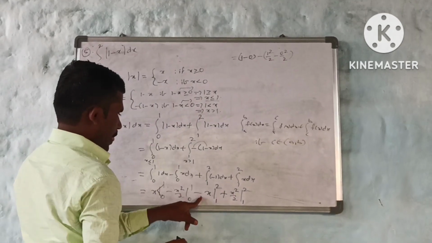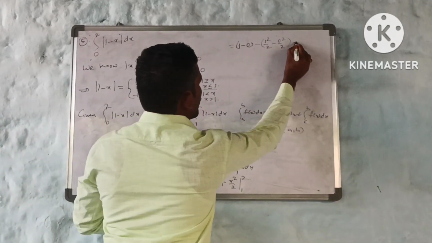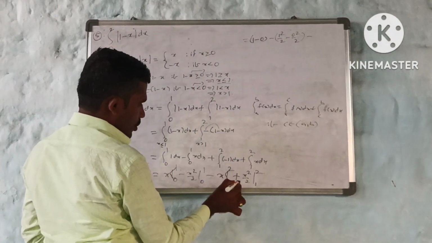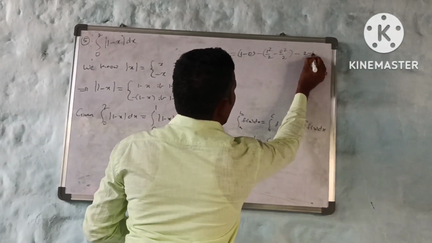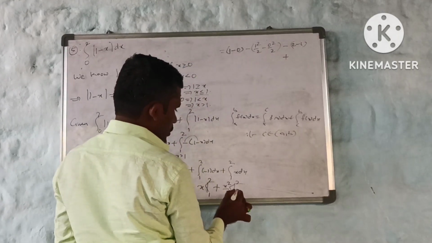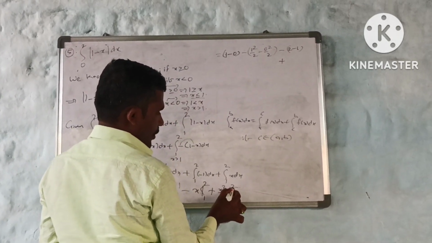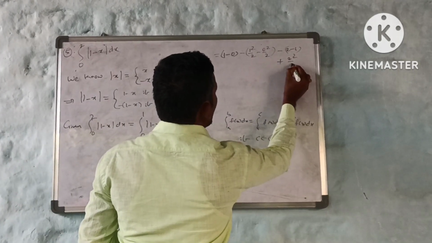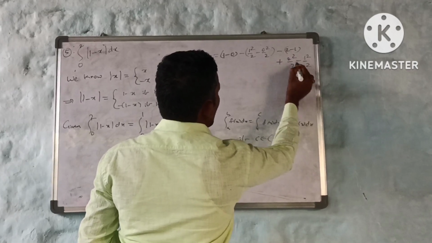Then minus, upper limit minus lower limit: 2 minus 1. Next, plus the last term, upper limit minus lower limit: in place of x we substitute upper limit 2, so 2 square by 2 minus 1 square by 2.